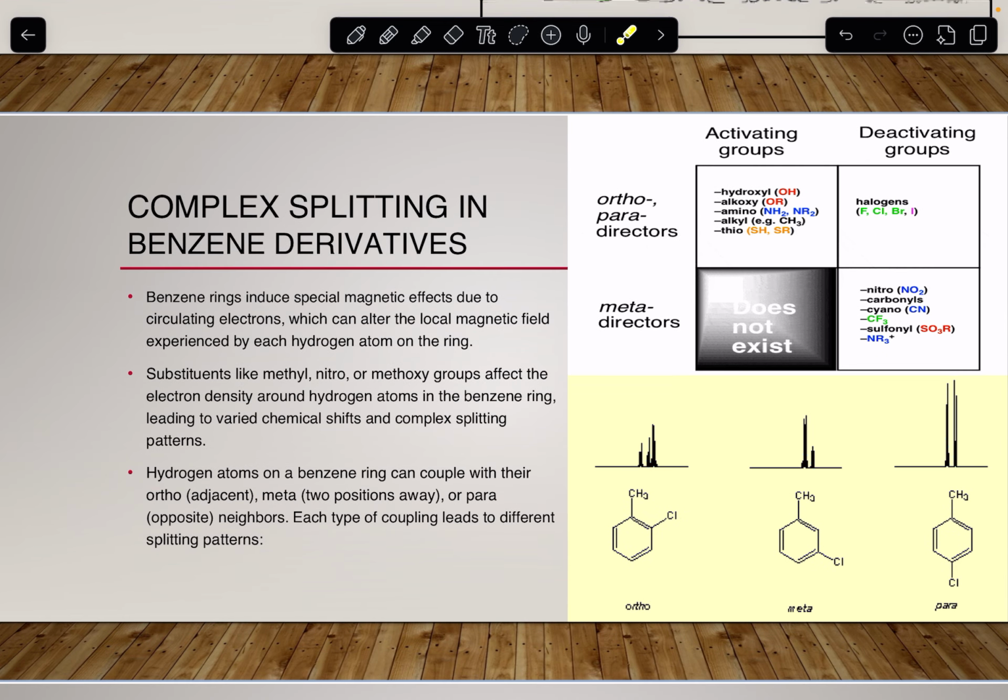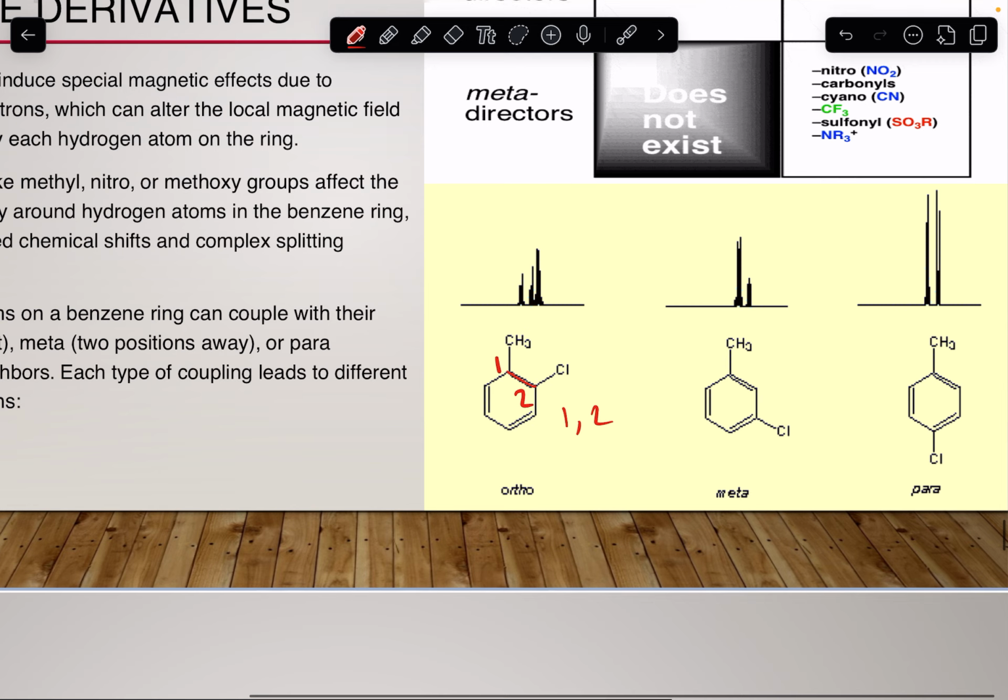So complex splitting, benzenes are different. Definitely, if you guys remember ortho, meta, para, I always remember ortho is when you attach to the second carbon, so I always say 1,2, because you count 1, 2. Meta, you attach to the third one, so I always say 1,3, because you attach 1, 2, 3.